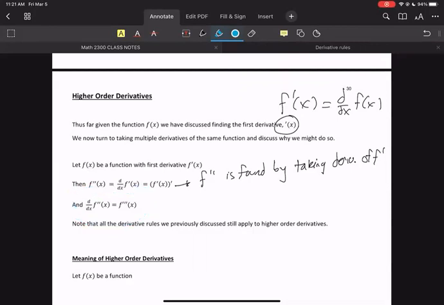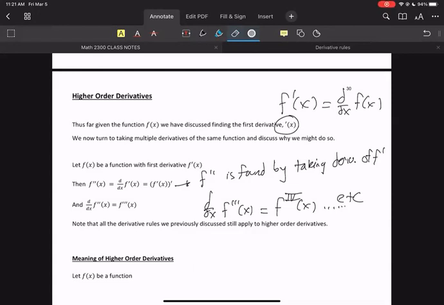You could take d over dx of f to the third, and that would be f to the fourth. And once we start getting past 4, we usually write Roman numerals up there. But you could just keep doing that forever. We usually stop at the second derivative in terms of implications and interpretations.